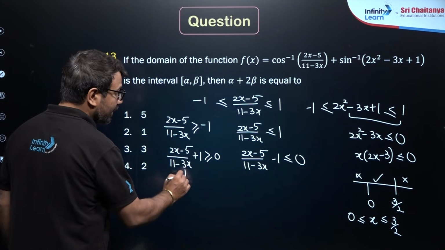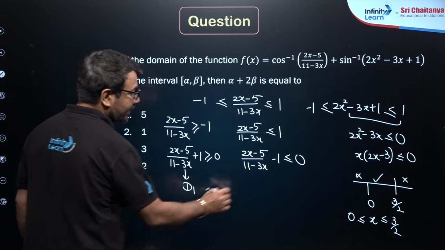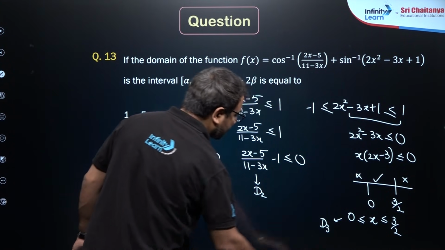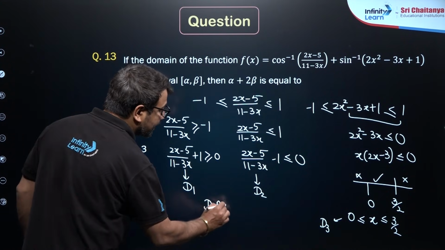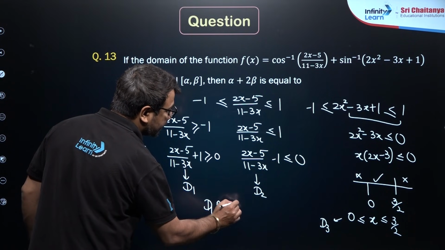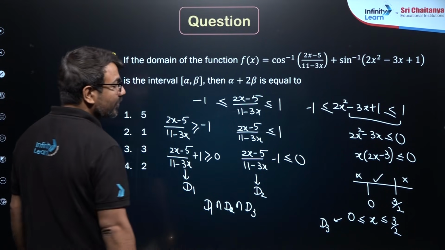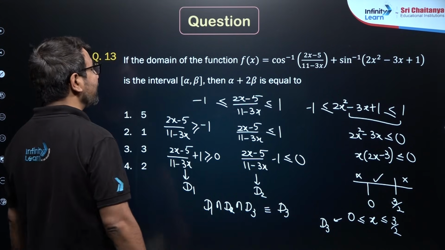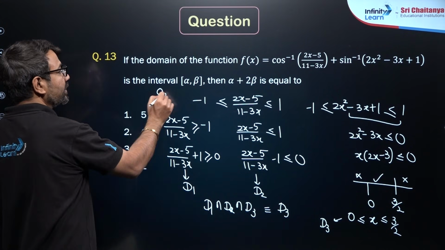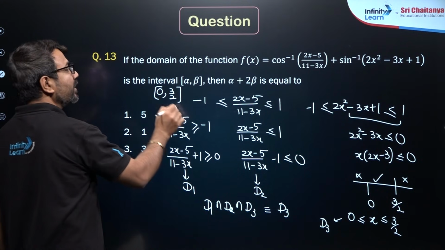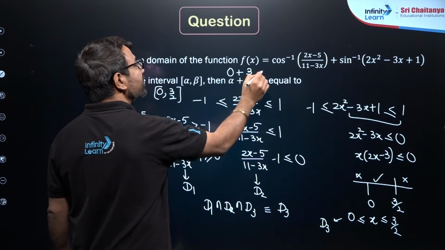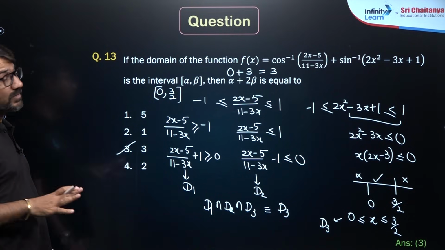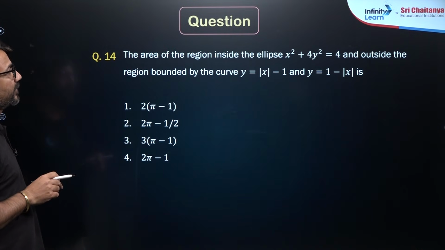So here you will get the answer as, let's say, the D1 interval, this is the D2 interval, and this is the D3 interval. If you take the intersection of D1, D2, D3, you will have D3 only. The common is D3 only. That's why the common part is 0 to 3 by 2. 0 plus 3, so the answer will be 3. 3 is given to us in the third option. That's why the third option will be the final answer.